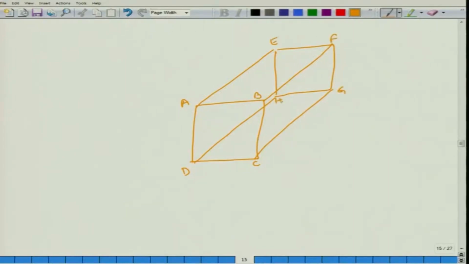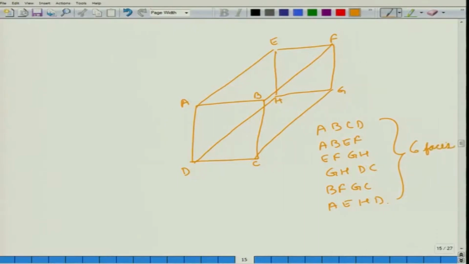Now, this cuboid has got 6 faces: ABCD, ABEF, EFGH, GHDC, BFGC and AEHD. So, it has got 6 faces.